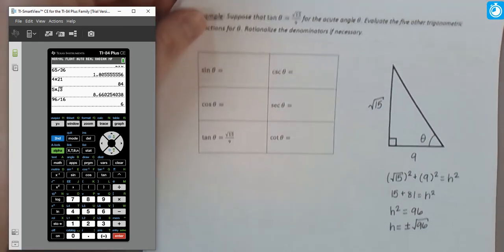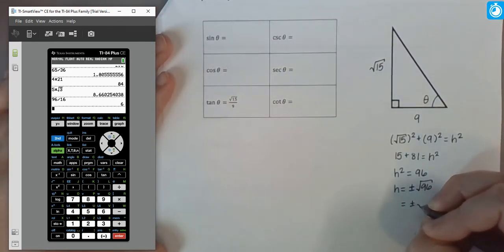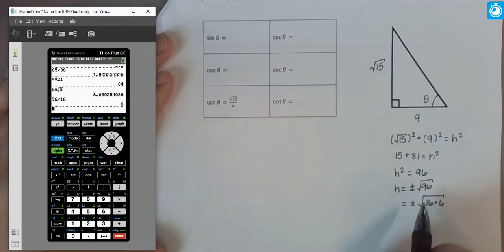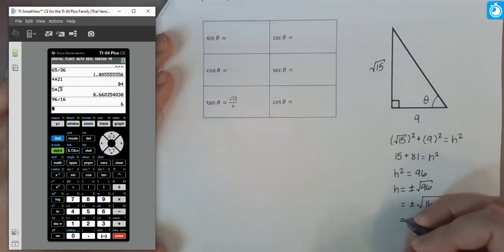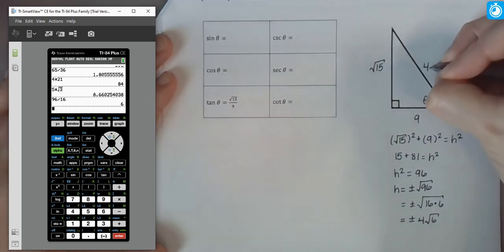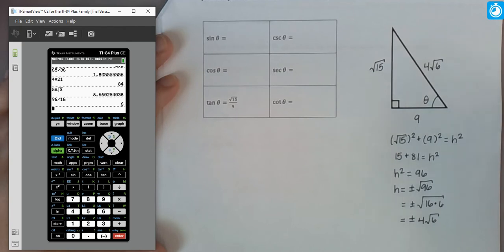So we can take this radical and split it up into the square root of 16 and the other necessary factor, which is 6. And then we take the square root of 16, which is going to be 4, and we can leave root 6 since it can't be simplified any further. So that means this side length is going to be positive 4 root 6.